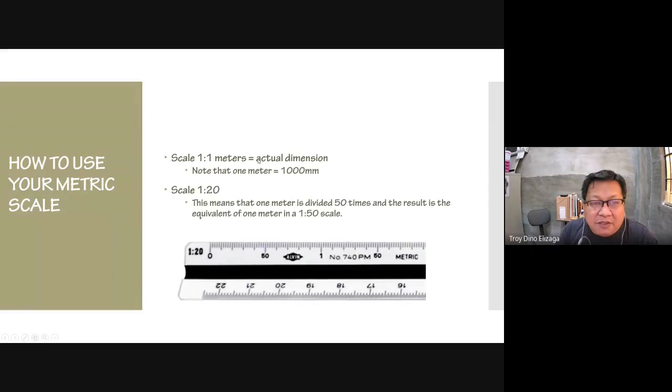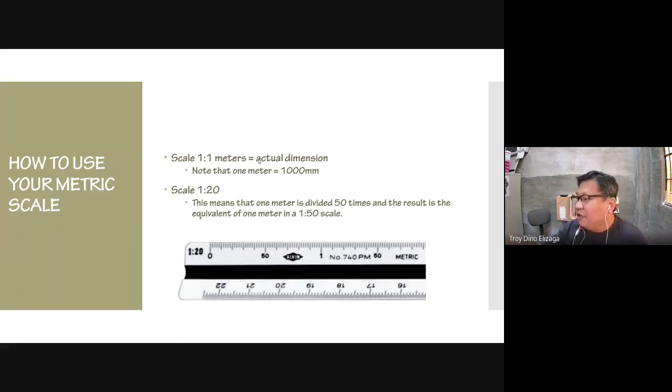How to use your metric scale? Okay. So in a scale of 1:1 meter, this is the actual dimension. So you have your ruler. I don't have a ruler.